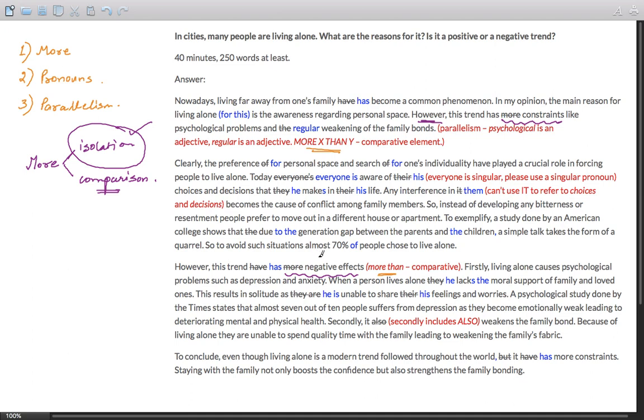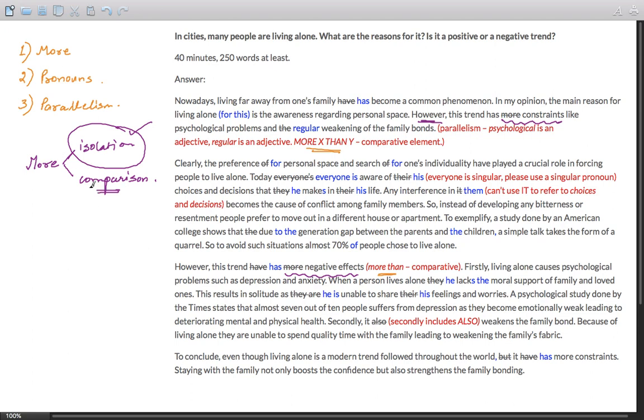Effects are uncountable, and the quantity cannot be adequately mentioned, so it should be in comparison: more negative effects than positive. So here the element was supposed to be comparative, but she has used absolute.